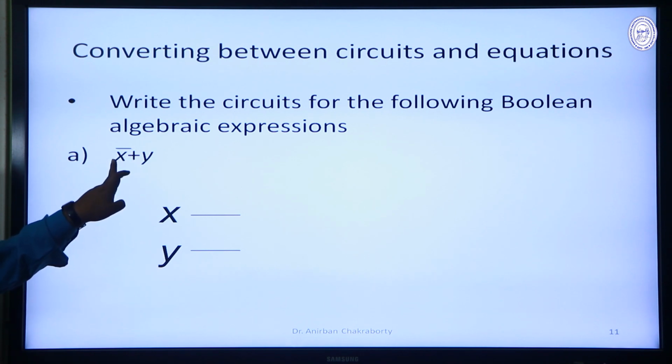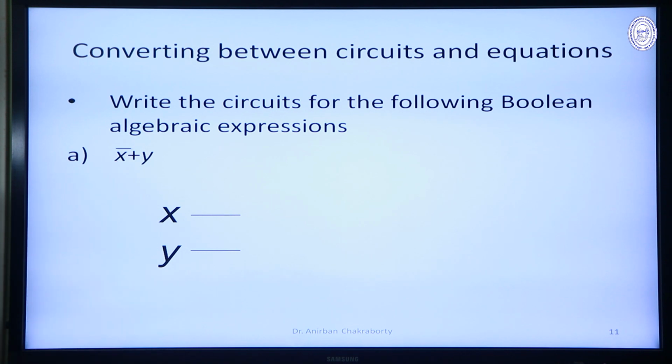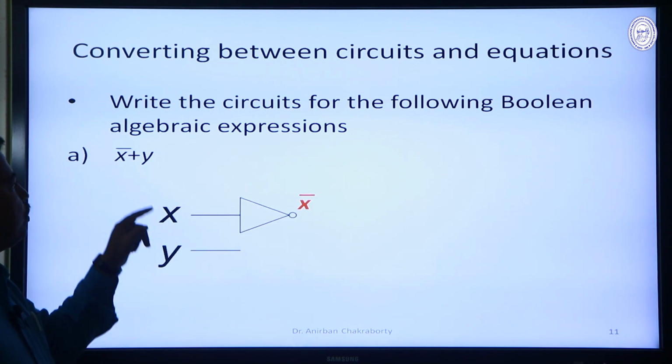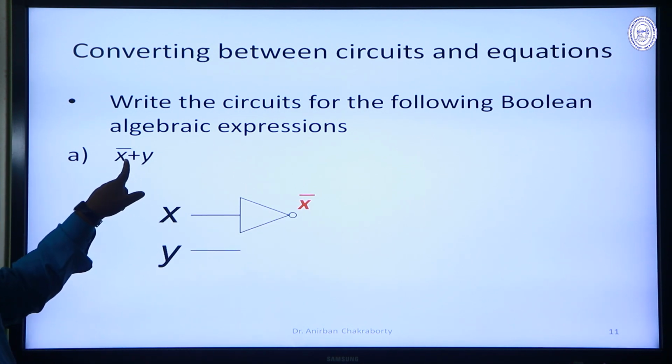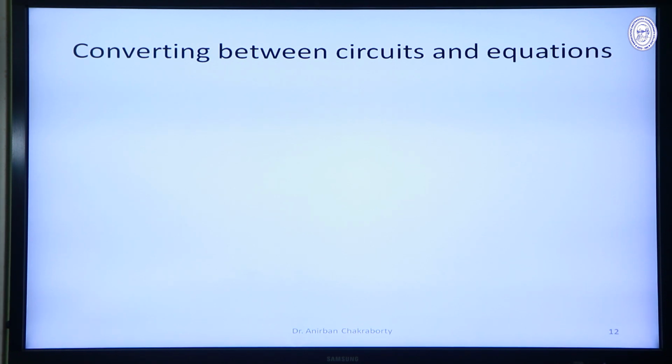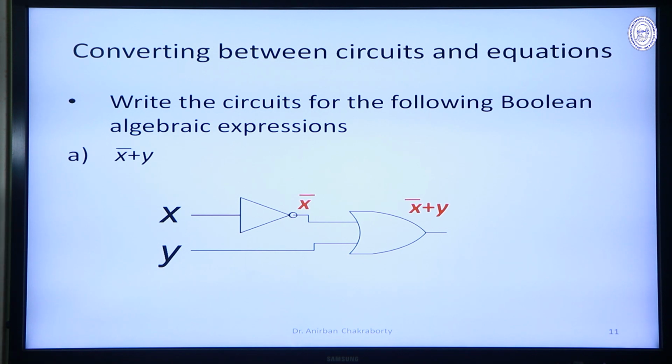First, X is not being fed directly, there is X bar. Bar means NOT gate, so there is a NOT gate, and I have obtained X bar. Next, X bar and Y have to be fed, there is a plus, into an OR gate. So it would be like this.